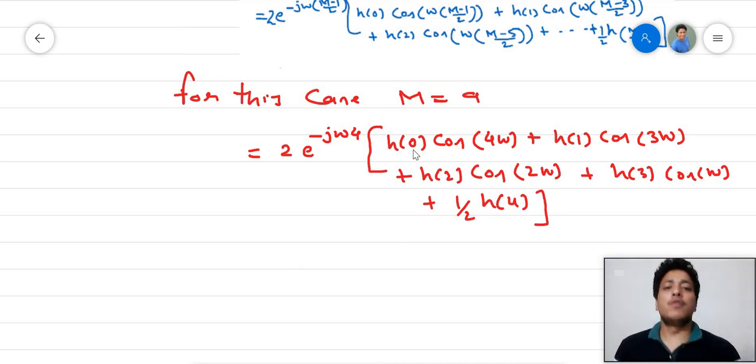Now we already have these values of h0, h1, h2, h3 and h4 with us.